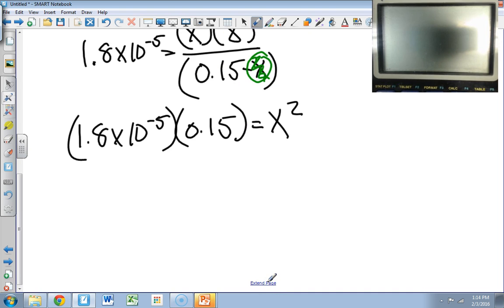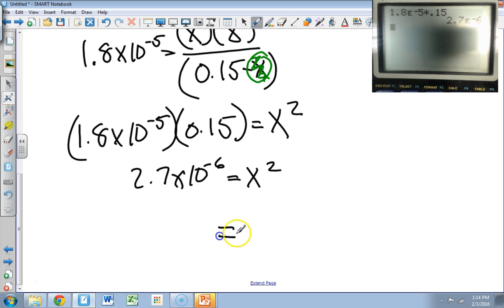In my calculator, E means times 10 to the, and I use it all the time. So 1.8 times 10 to the negative 5 times 0.15 is going to equal 2.7 times 10 to the minus 6, which equals x squared. Take the square root of both sides.